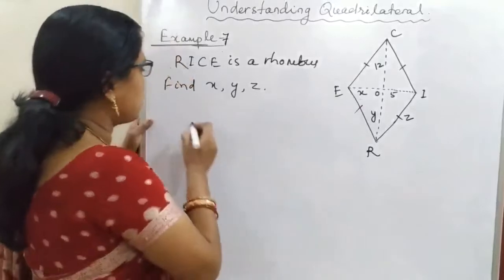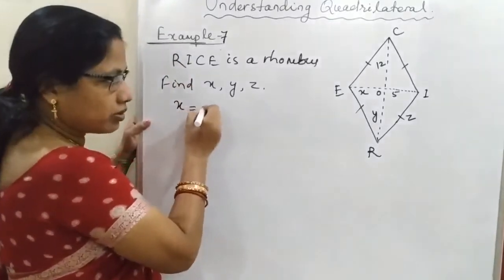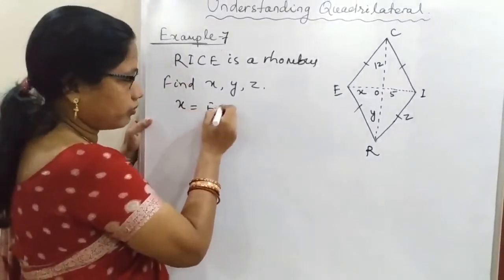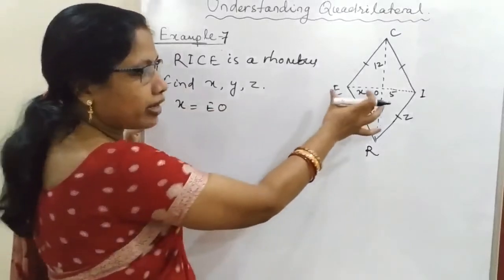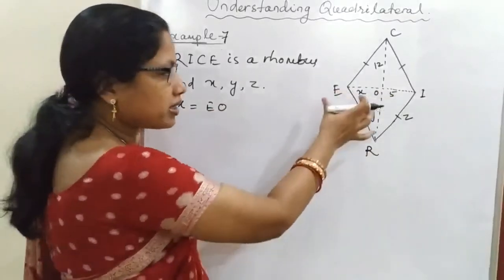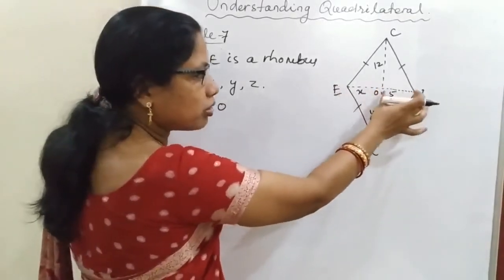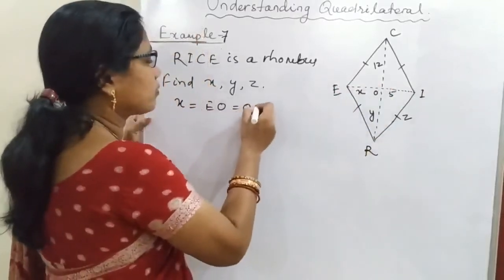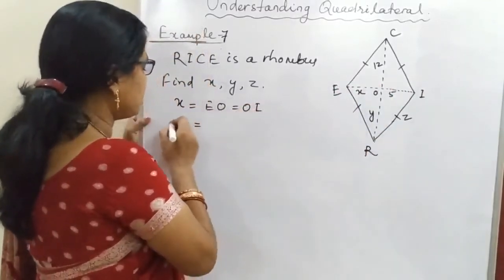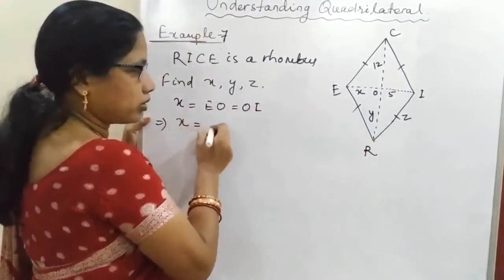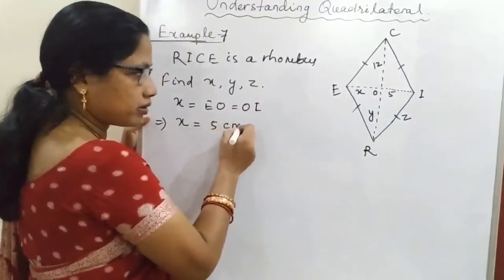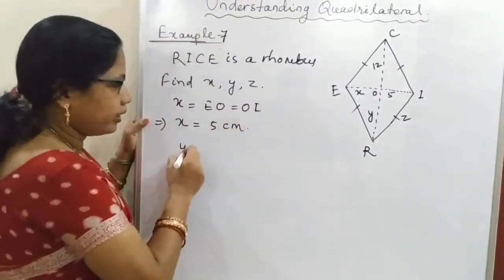So what is X here? X is equal to EO. We know the diagonals perpendicularly bisect each other, so EO is equal to OI. So this implies X is equal to 5 centimeter. Then what is Y?